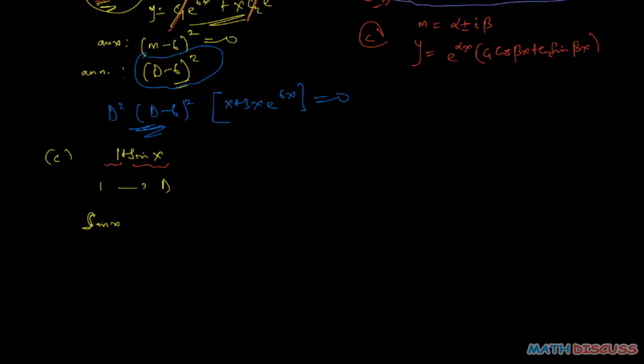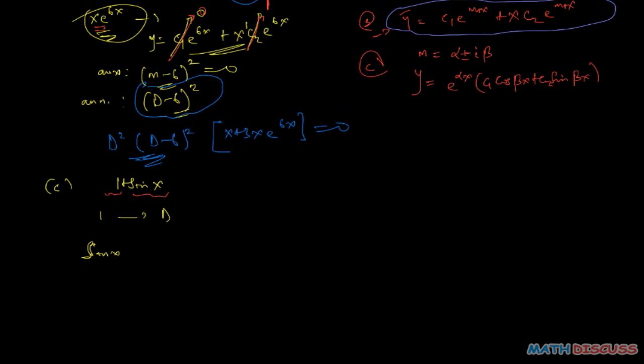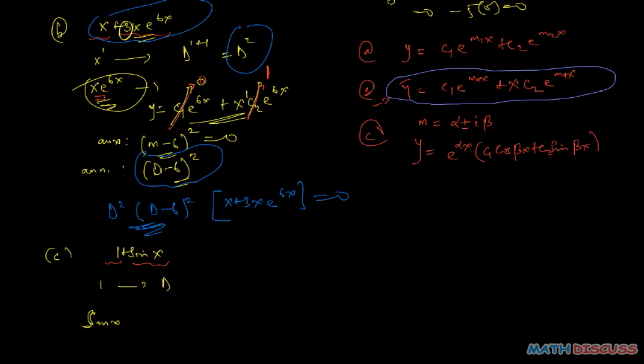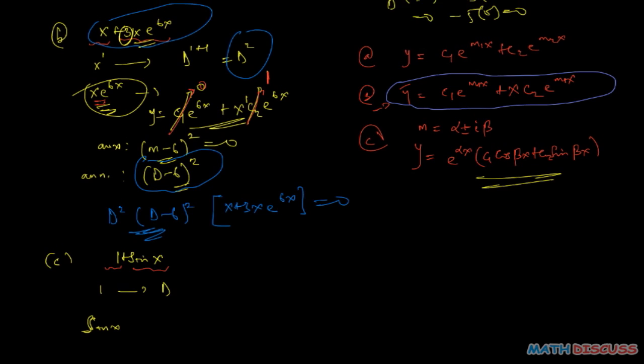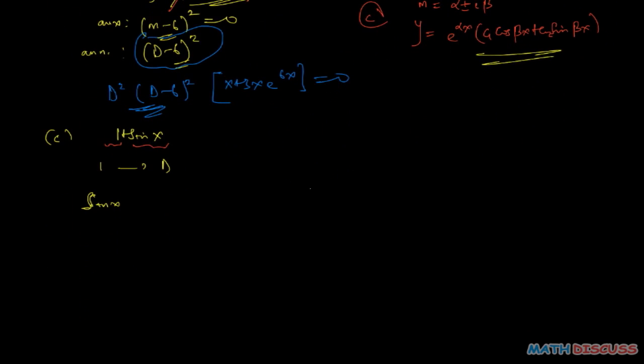Now for sine of x, to find the annihilator of that, I need to first find the auxiliary equation, like we did here. To find the auxiliary equation, I need to rewrite this as the general solution of a homogeneous differential equation. So which category does it fall in? In all the three categories, we observe that this is the only one that has the trigonometric function sine x. So let me rewrite that: y equals e to the power 0x times c1 cosine of 1x plus c2 sine of 1x.